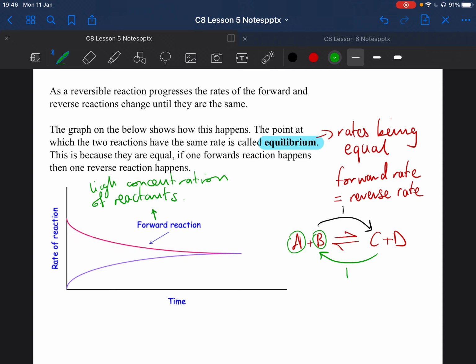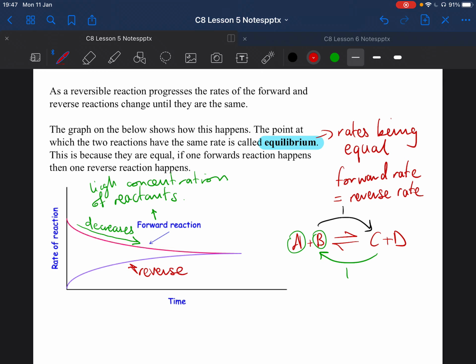Because there are more collisions, you get a higher rate of reaction. But as the reaction happens, the reaction rate for the forwards reaction decreases because the reactants are being used up. And as that forwards reaction decreases, something happens with the reverse reaction, okay?